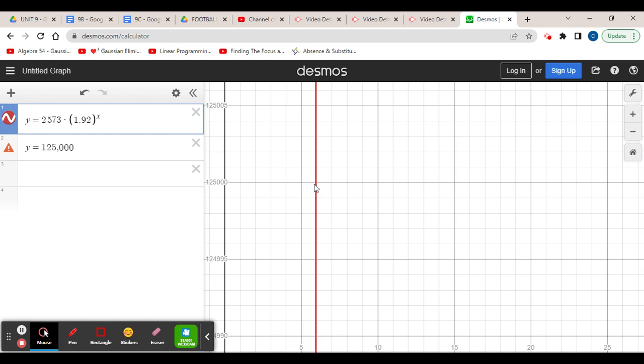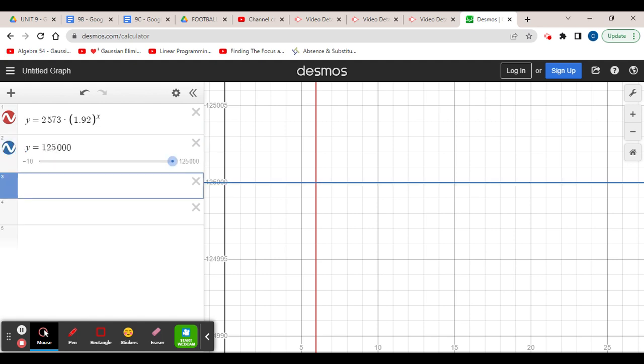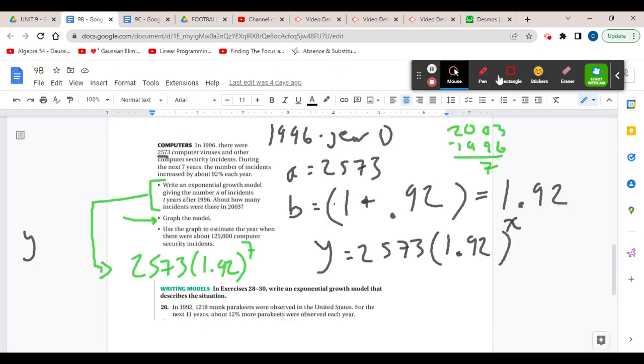And so that would be our point right there. If we wanted to plot that point, it would be 5.953. So it's going to be about year 6. So if 1996 was year 0, adding 6 to that would be about 2002.